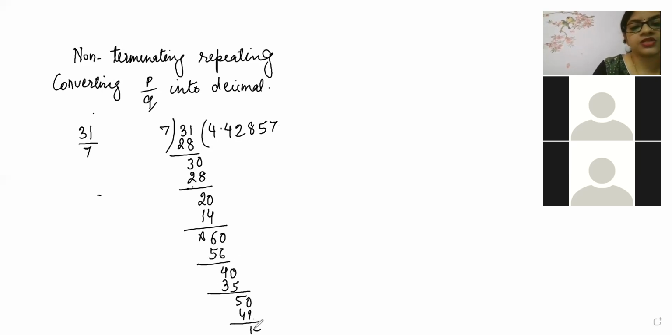So I'm continuing this one here. 7 1s are 7. 7 4s are 28.